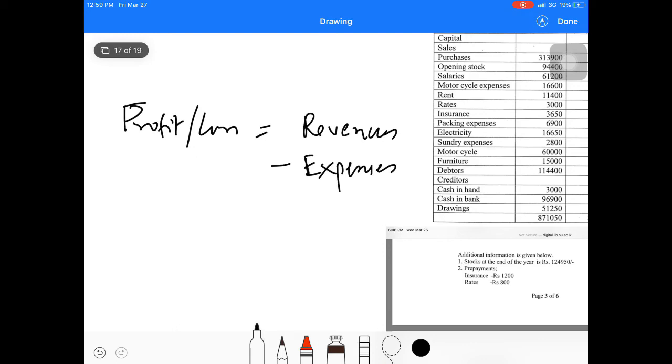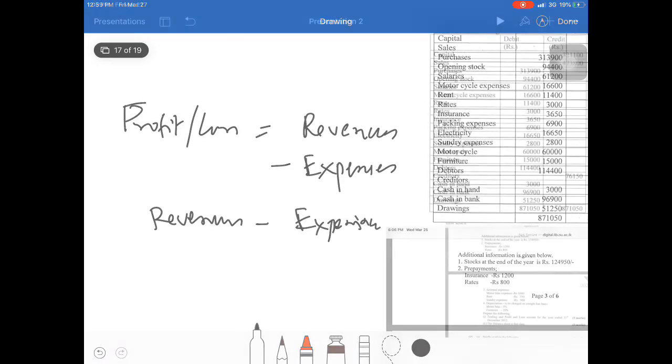So when we are preparing a profit and loss account, we do exactly that. That is, for a certain period, maybe during 1 year, we add up all the revenues of the organization and subtract all the expenses. That is what we do when we are preparing the profit and loss account.